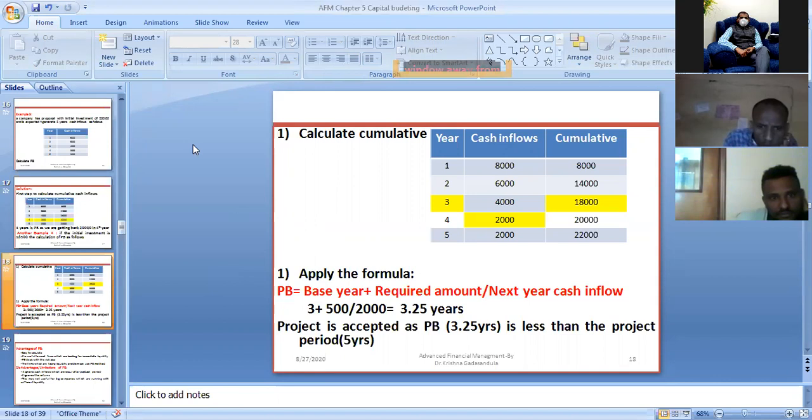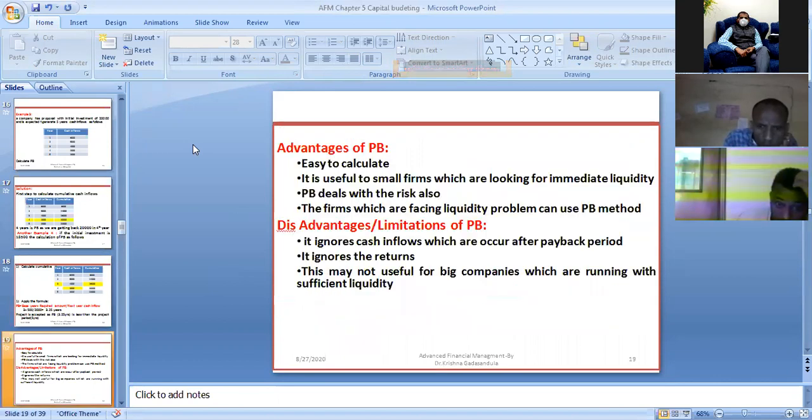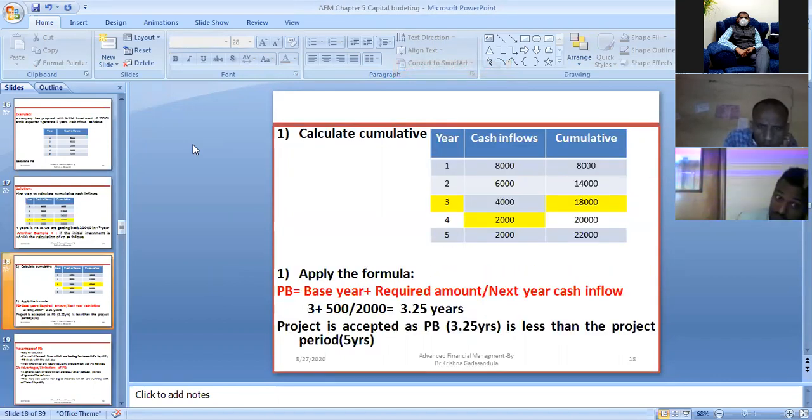Now this is the payback period calculation. This is one technique that we can use, the payback period, to get back. The payback period is used only to calculate the time period.